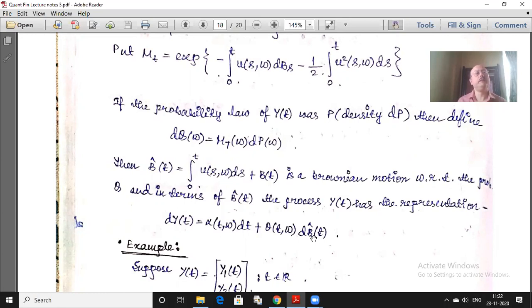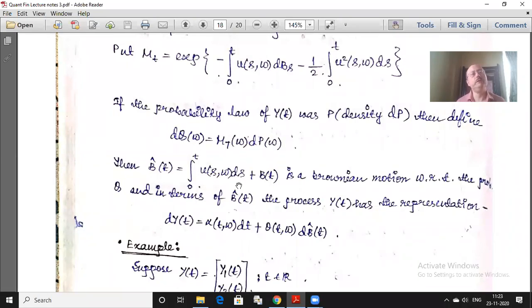Once you start thinking about it more deeply, you might feel a little confused: where did I eliminate the trend? Because the trend was there. It is in the nature of the process Y. So how did it vanish? Remember that it did not vanish. It has been subsumed in the new Brownian motion.